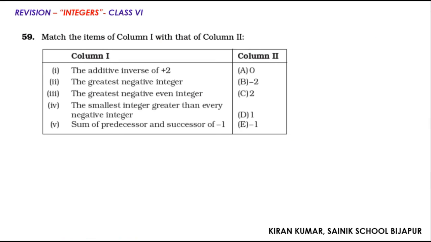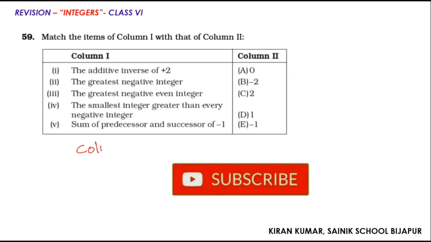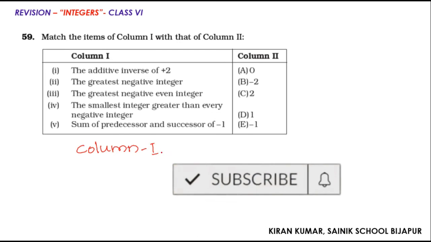Question number 59 is about matching the items in column 1 and column 2. To do that, I'll separately mention here column 1 and column 2.